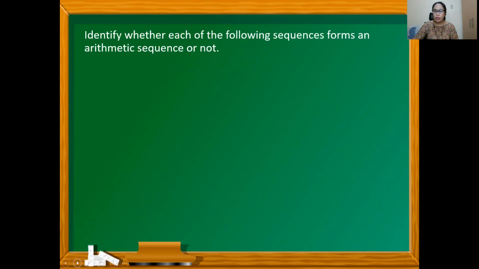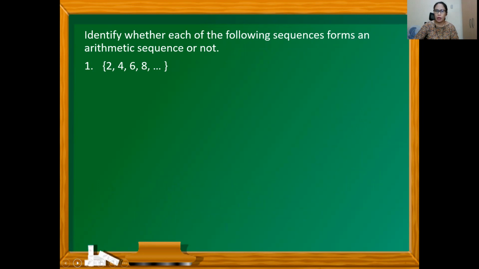Now we're going to identify whether each set of numbers is considered an arithmetic sequence or not. For number 1, we consider the numbers as an infinite arithmetic sequence, since it has a common difference of 2, and each term is obtained by adding 2 to the previous term.